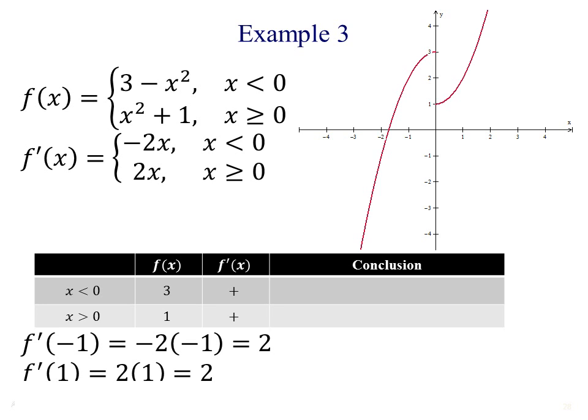That means the derivative is positive on the interval x is less than 0. For the interval x is greater than 0, I pick a test point of 1 and evaluate it at the bottom piece of the derivative, 2x. So 2 times 1 is 2. That means the derivative is also positive there.